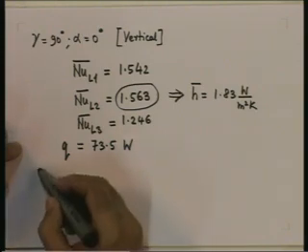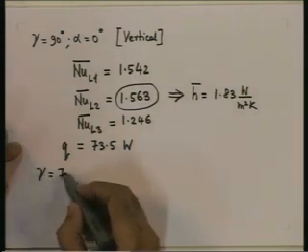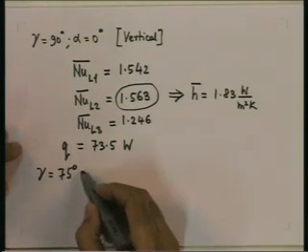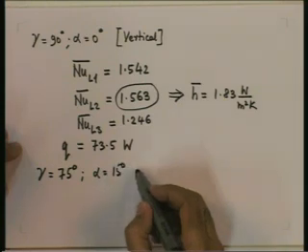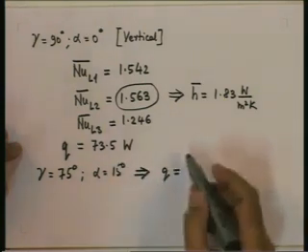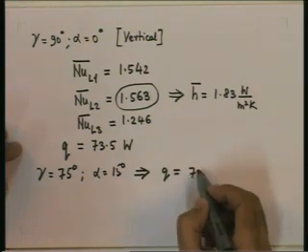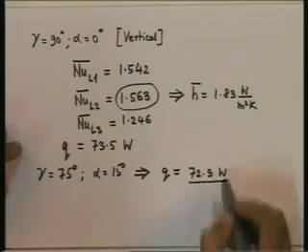And using the inclination relation at 75 degrees, which means alpha is 15 degrees, we obtain Q equal to 72.9 watt.